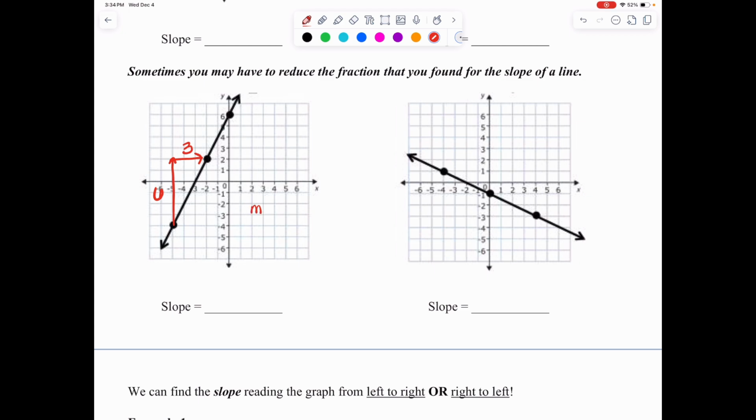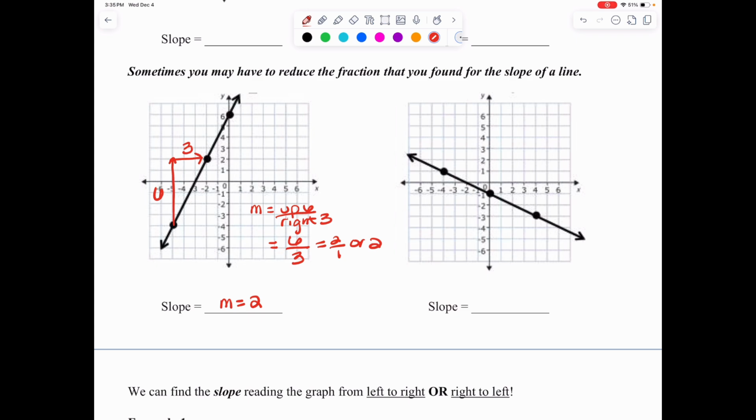So my slope is going up 6, then right 3, that is +6 over +3. But you can see I wouldn't leave this as 6/3. This can get reduced to 2/1 or 2. So I can write my slope as 2.